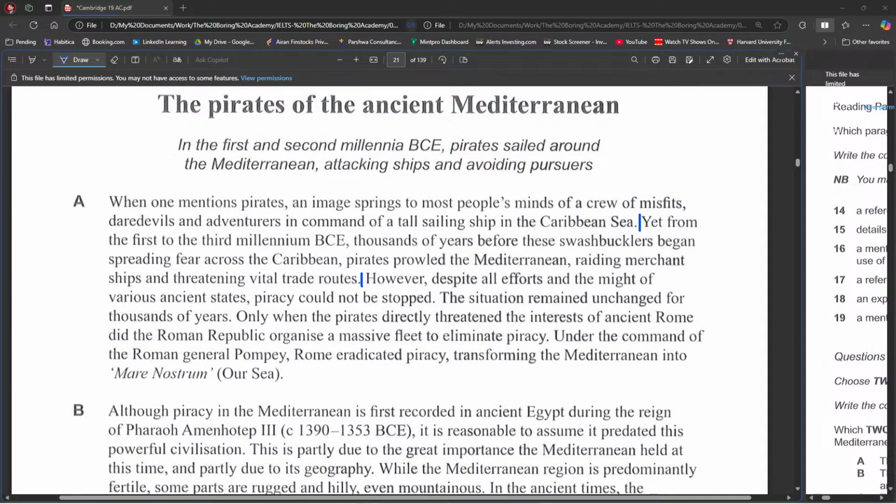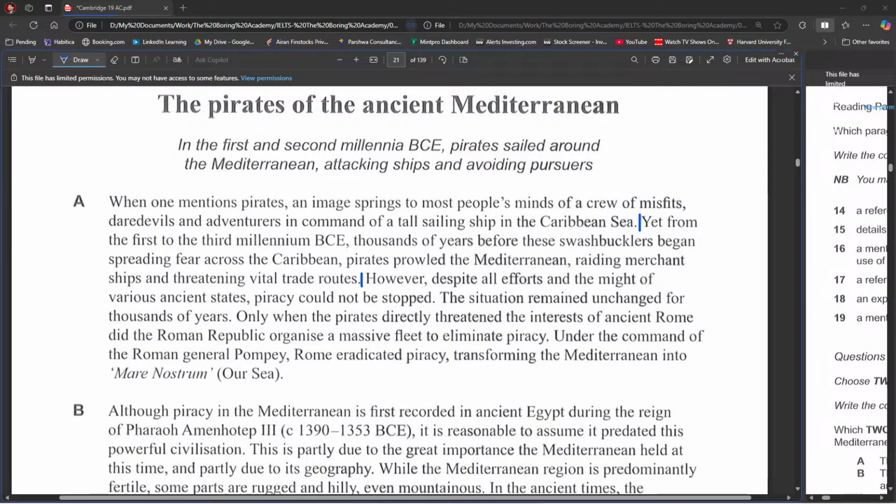Then, under the command of the Roman general Pompey, Rome eradicated piracy, transforming the Mediterranean into Mare Nostrum.